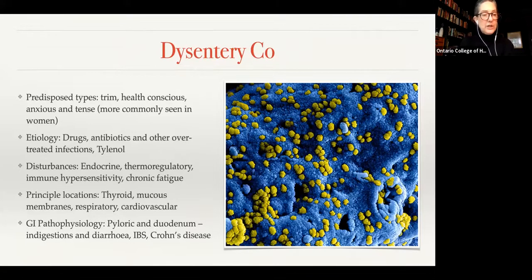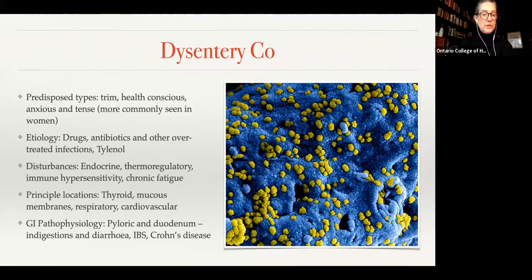The etiology is drugs, antibiotics, and other overtreated infections. Tylenol is a real problem for people who have excess dysentery co-bacteria in their GI tract. There are people who respond very poorly to Tylenol, and Tylenol makes this imbalance much worse.